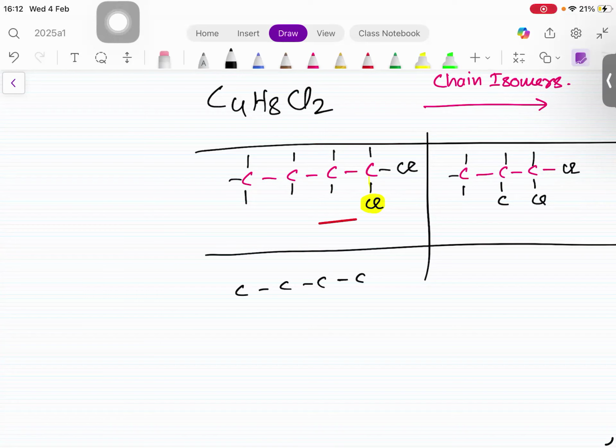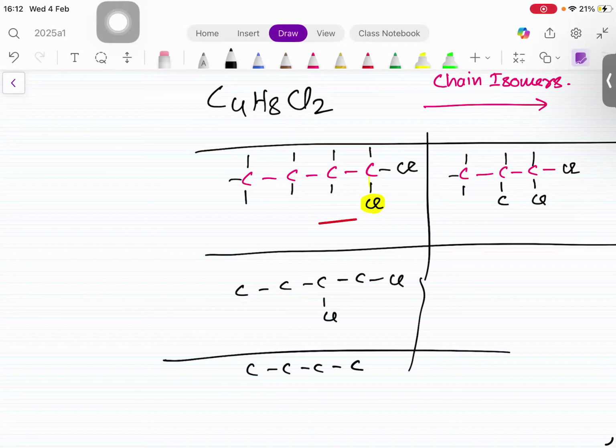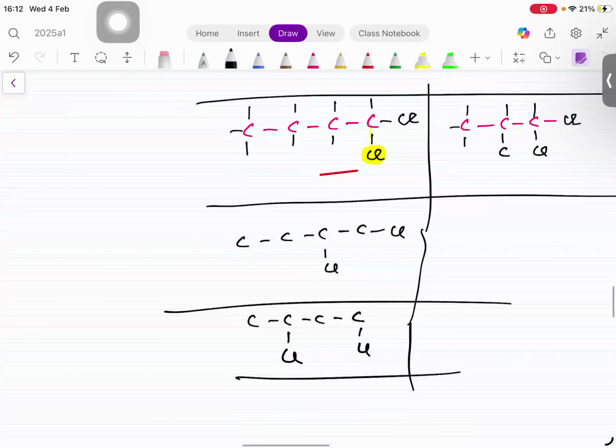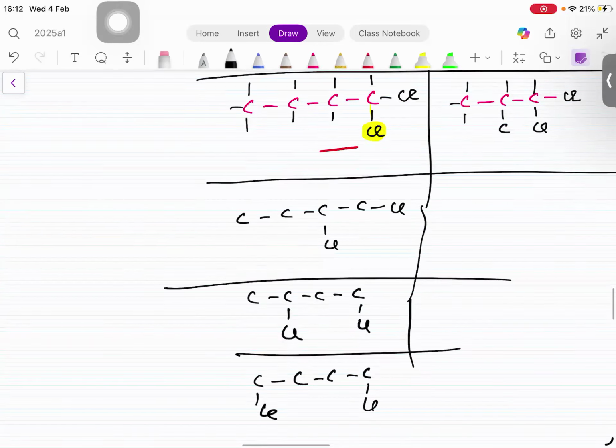As I'm moving to the left. The first one is 1,1-dichlorobutane. Then it would be 1,2-dichlorobutane. Then it would be 1,3-dichloro. And then it would be 1,4-dichloro. Then it's just like a Rubik's cube.